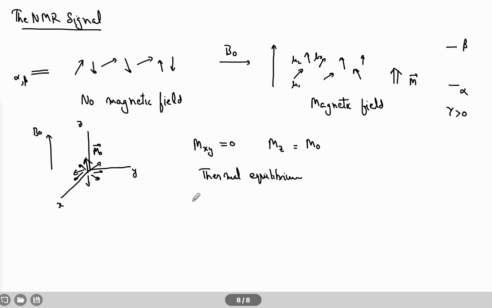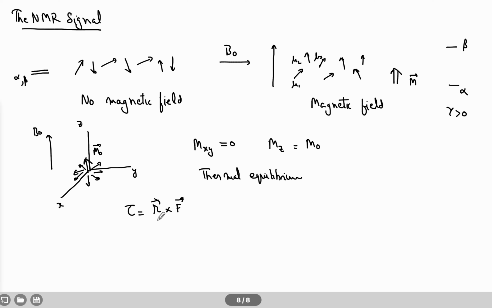Any vector, when it is placed under some sort of force field, generates torque, right? Torque can be written as r cross F, a cross product between the position vector and the force vector.